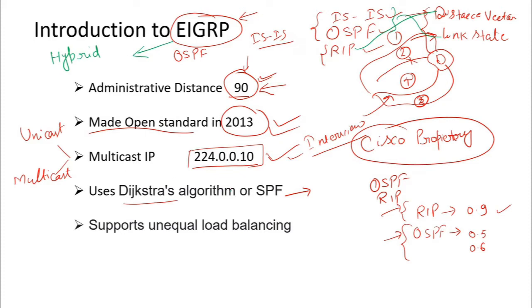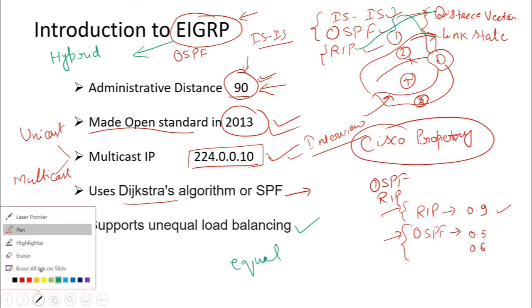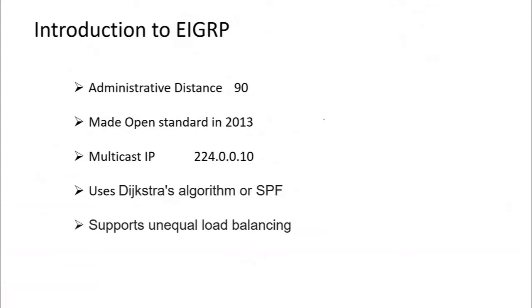Another very important part is that it supports unequal load balancing. No other routing protocol supports unequal load balancing. They support load balancing, but equal. Let me take one example here. You have different routers: R1, R2, R3, and let's say R4 here, also connected like that.